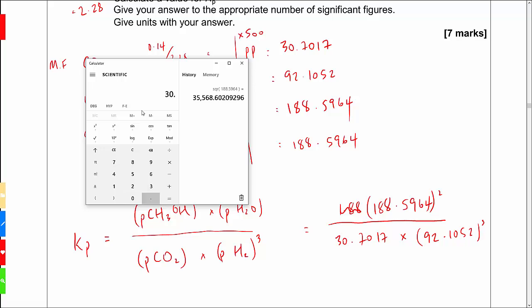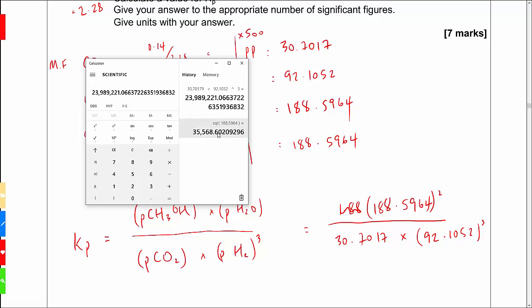I'm going to use a real-life calculator. This is what I should have done earlier on. 30.7017 multiplied by 92.1052 to the power of 3. I'm not entirely convinced this is right, but there we go.